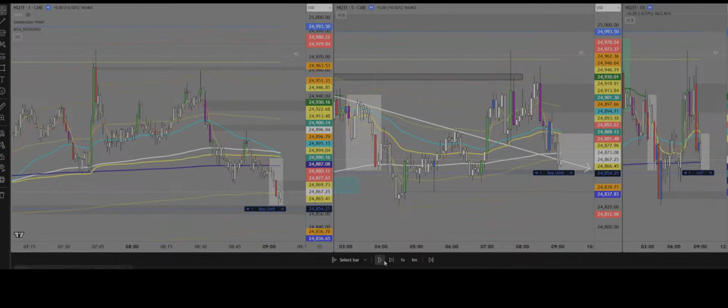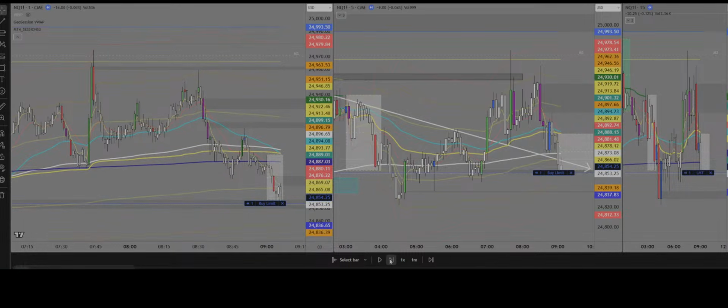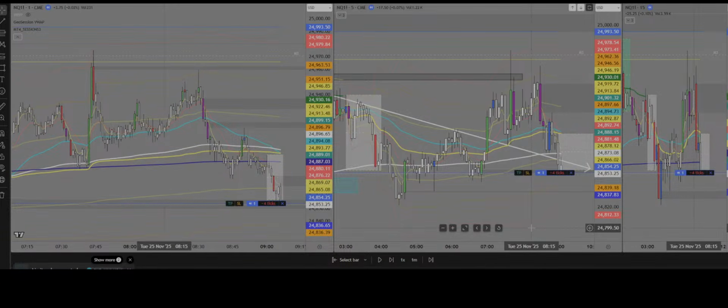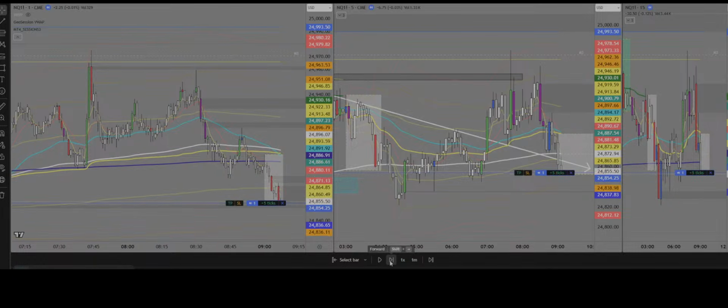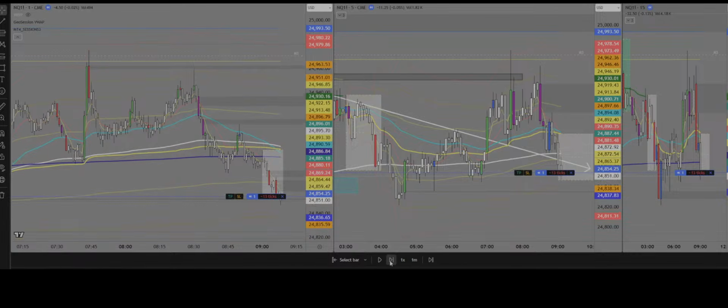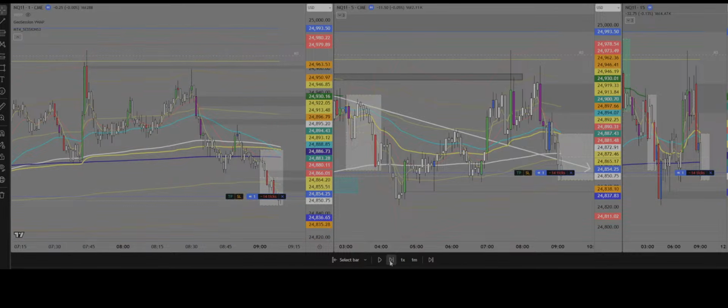Let's see if I can get one more push down for a possible long. Okay, so there's our long. Be targeting daily open if this wants to hold. Okay, 13 ticks, not bad. 14.